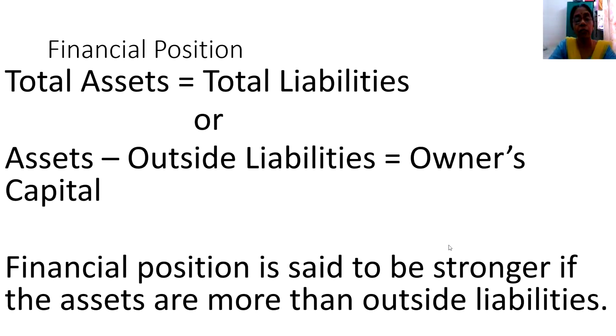So, you are just modifying the LHS and RHS to make the equation more meaningful. These equations, total assets is equal to total liabilities or assets minus borrowed funds is equal to owner's capital, are referred to as balance sheet equations.